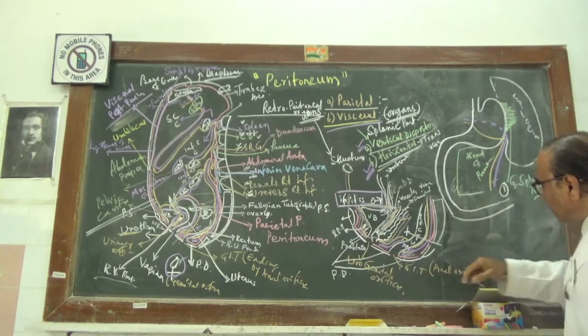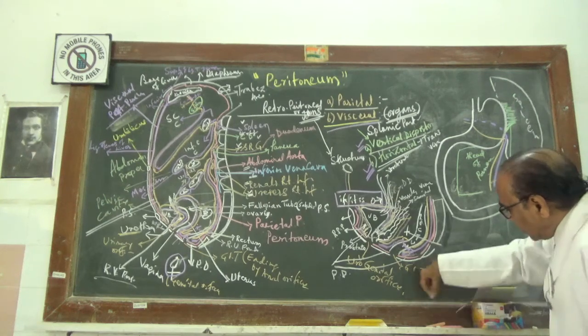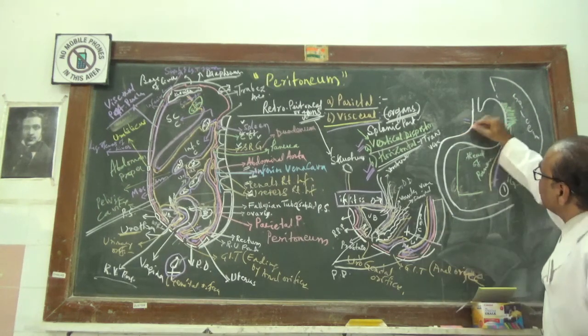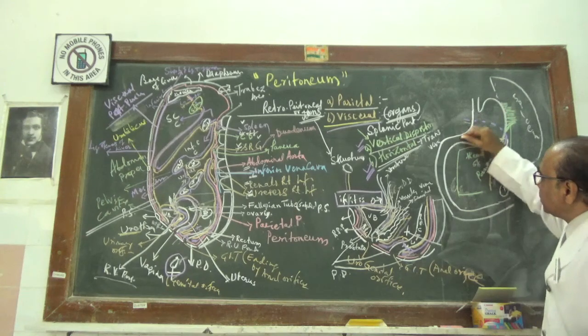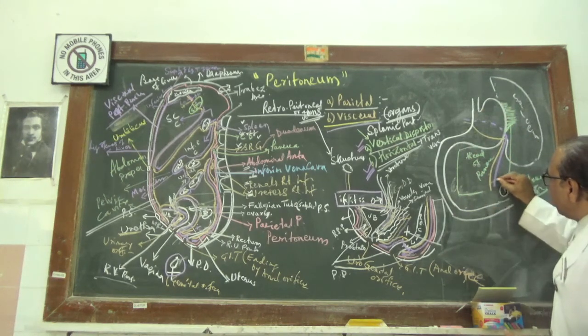Now this head of the pancreas, once the ventral flap and dorsal flap cover it, this is the greater omentum.